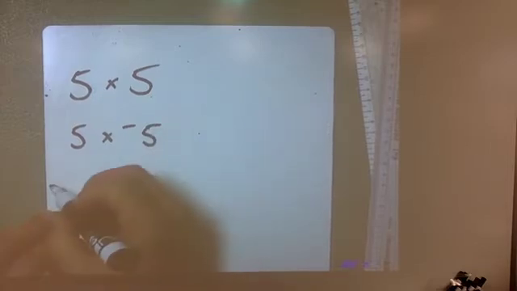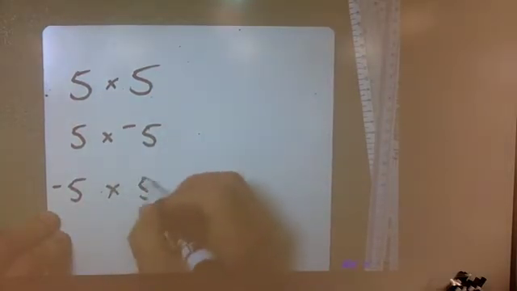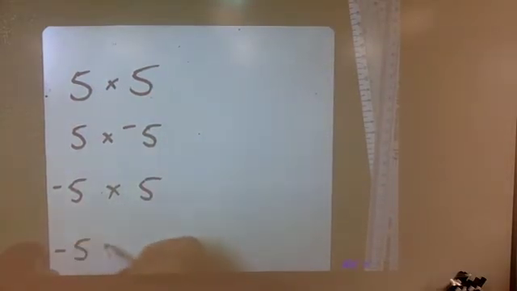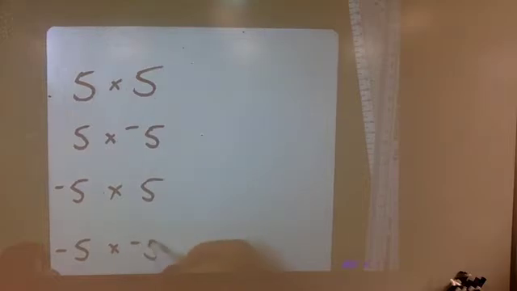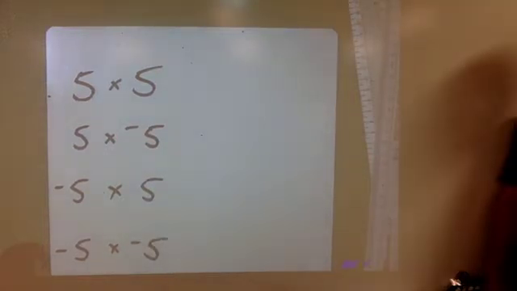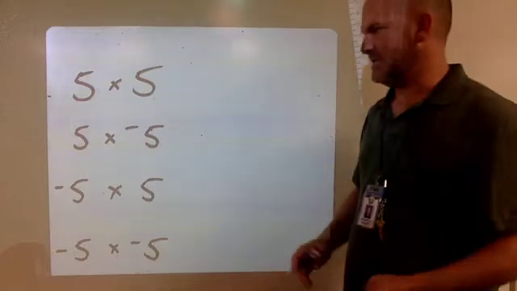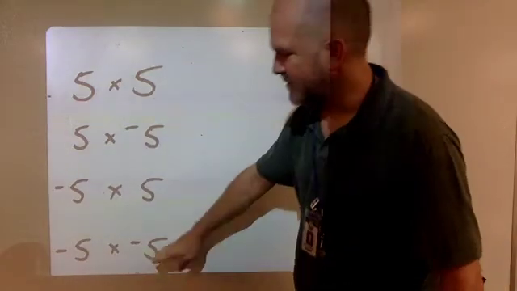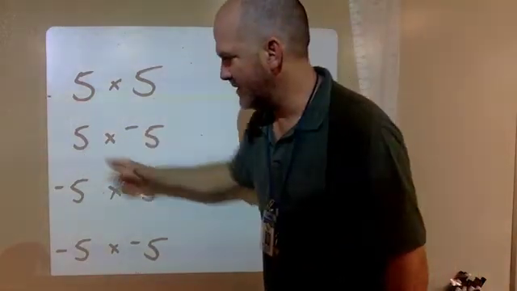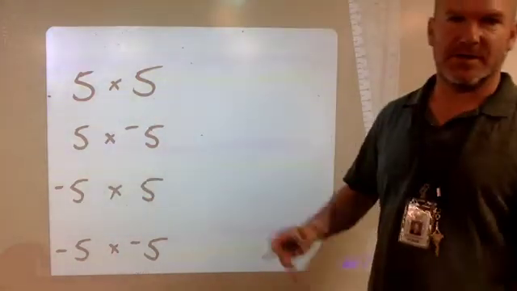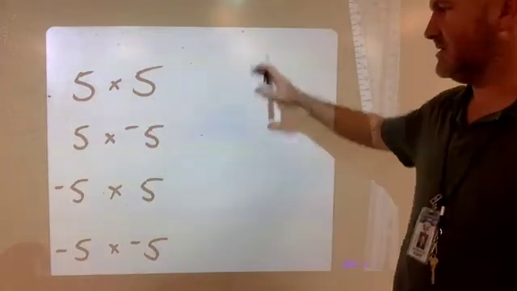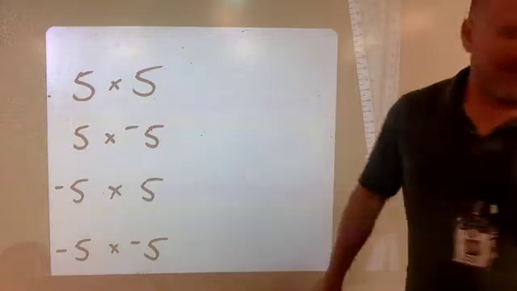You could do negative times positive. Or you could do negative times negative. All right, those are the only four combinations that you're going to see. They're either both positive, both negative, or one of each. And the negative could be first or second. Okay, so those are your four different options.